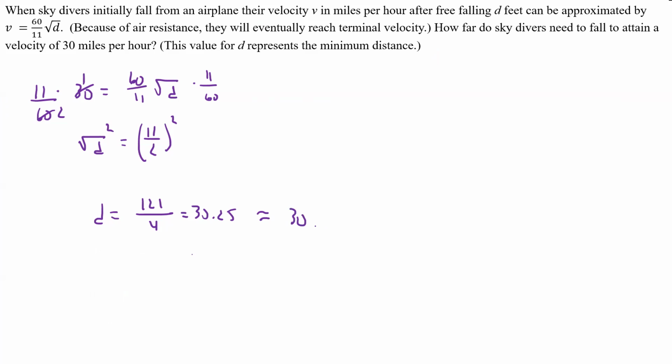And this, I guess, is in feet, d feet. So that's how far we're going to fall. We're going to fall 30 feet and we'll hit 30 miles per hour.